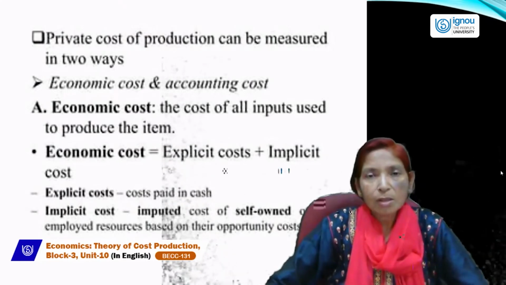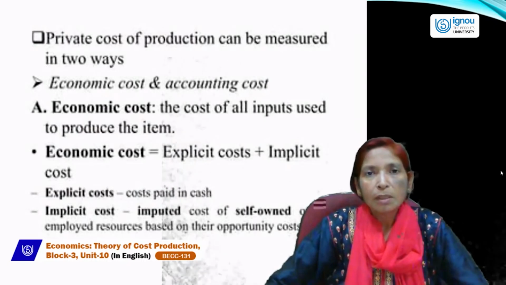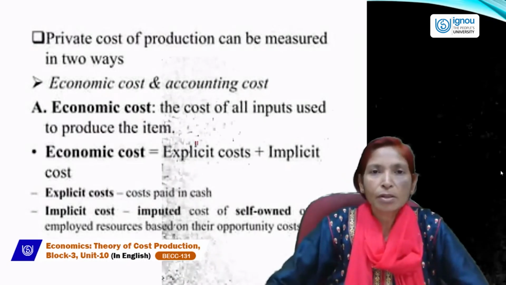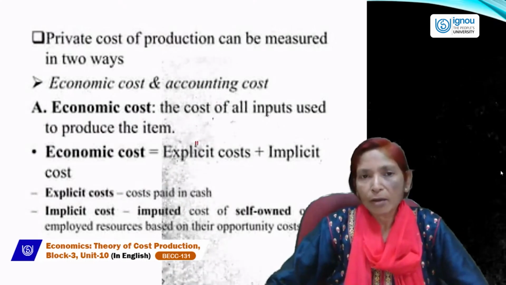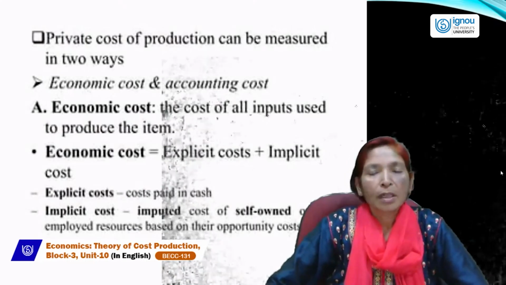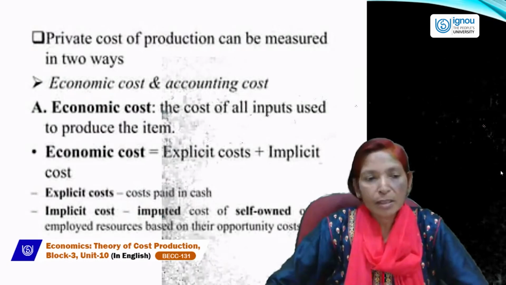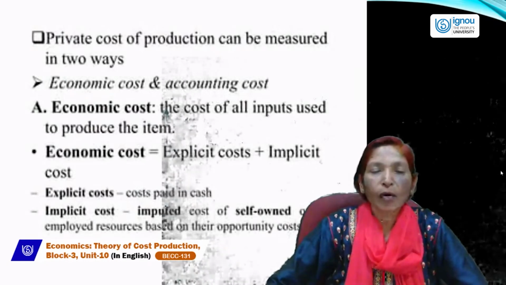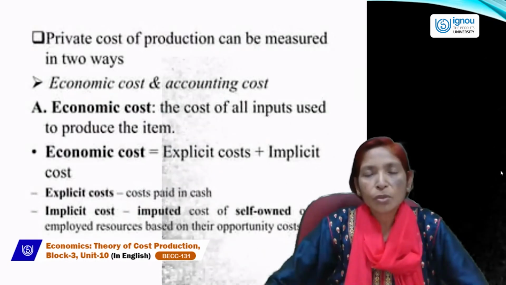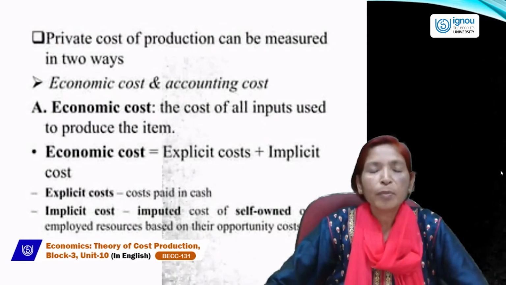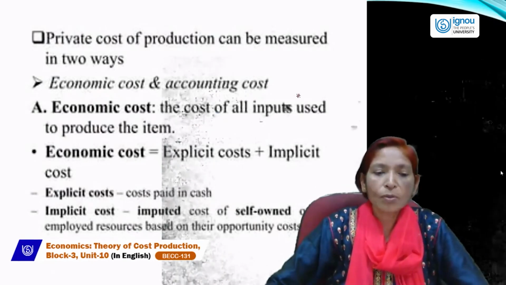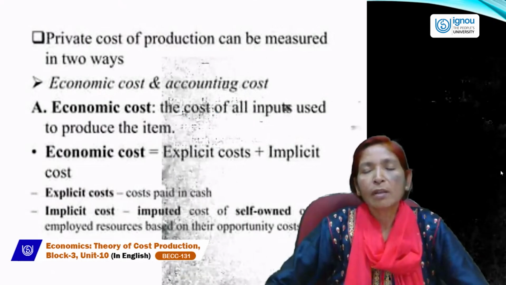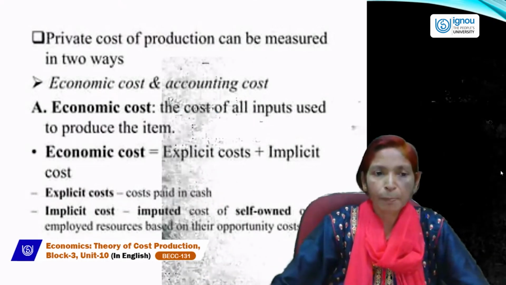In economic cost, we include direct and indirect cost both. Explicit cost, you know, is direct cost which is paid in cash, and implicit cost is known as self-imputed resources cost, the imputed cost of self-owned or self-employed resources based on their opportunity cost.